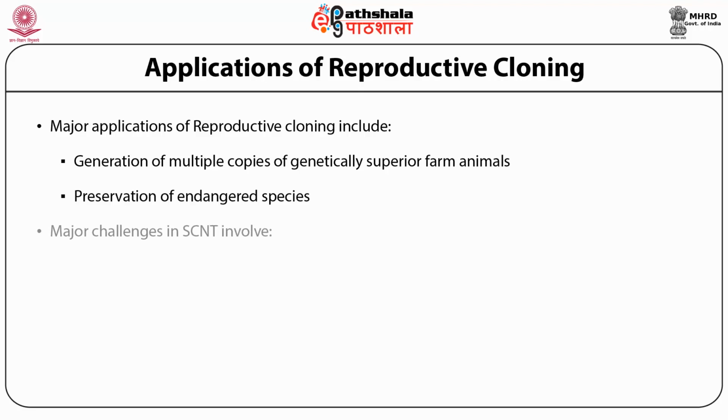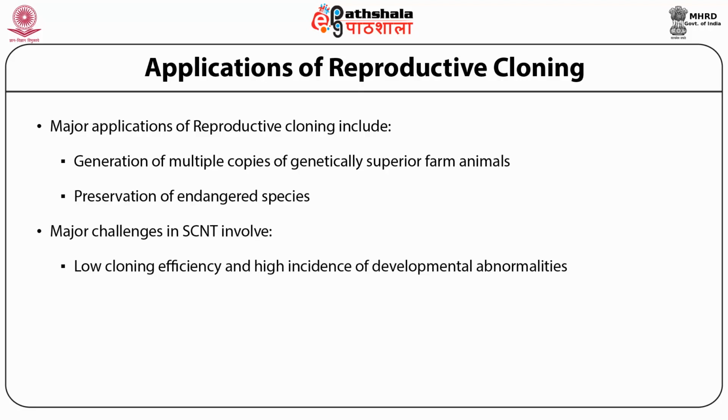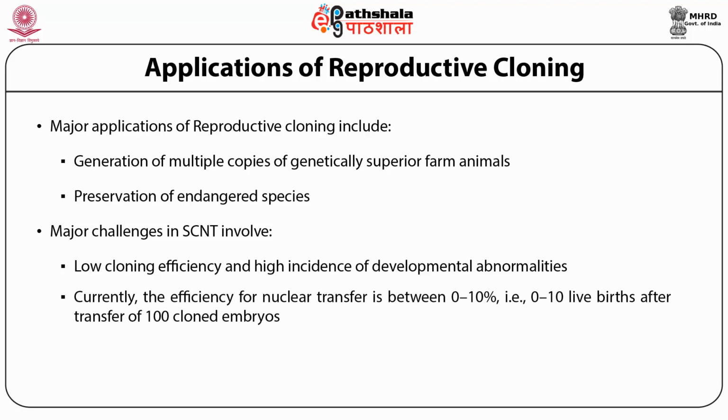However, there are major challenges involved in the technique, like low cloning efficiency and high incidence of developmental abnormalities. Currently, it is known that the efficiency of somatic cell nuclear transfer ranges between 0 to 10%. That means we have only 0 to 10 live births when we transfer about 100 cloned embryos.